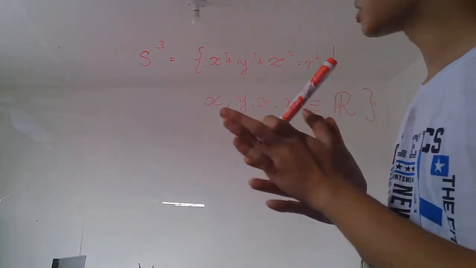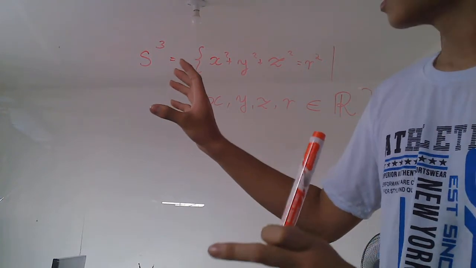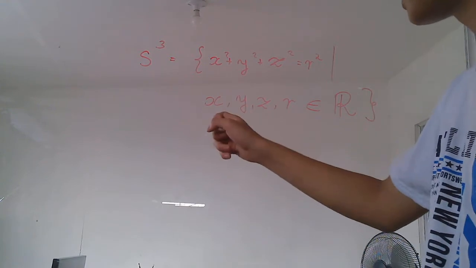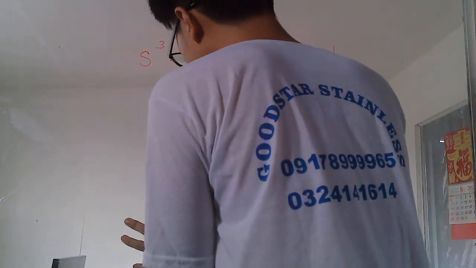So what we do is we grab the sphere and we squish it down. Instead of using this direct definition, we break it down into unions of these things.